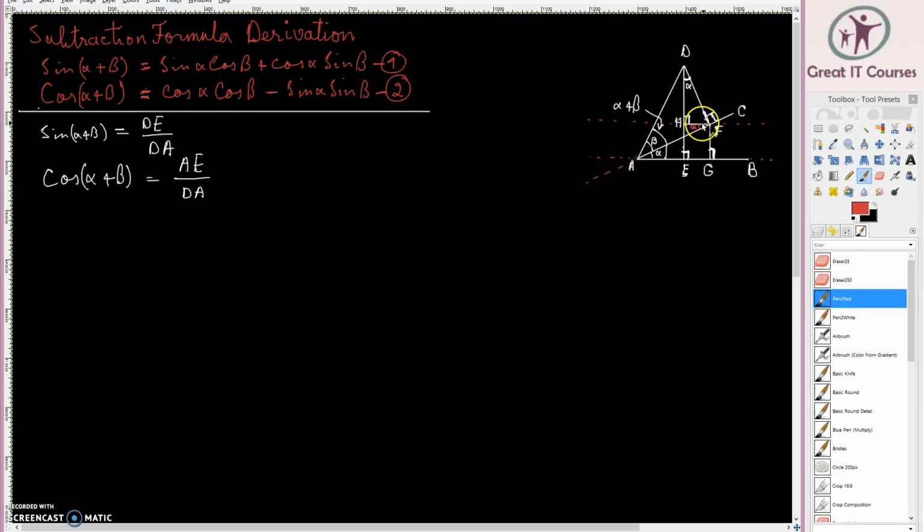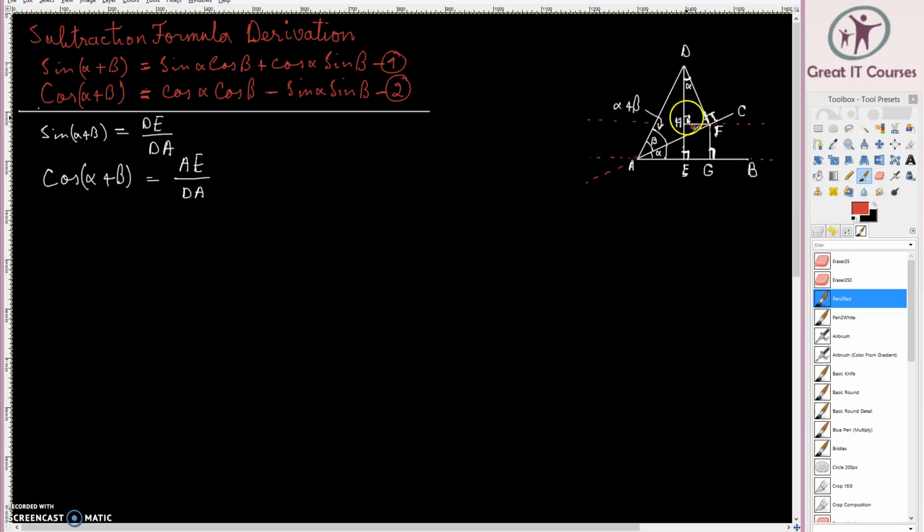And now if you move into this triangle over here, you have an angle of 90 degrees, and you have this angle alpha and this angle over here, which is DFH. Now in this triangle, the angle DFH complements this angle over here, because these two angles added together would also be 90 degrees, because this is 90 degrees and the internal angles in a triangle add up to 180.